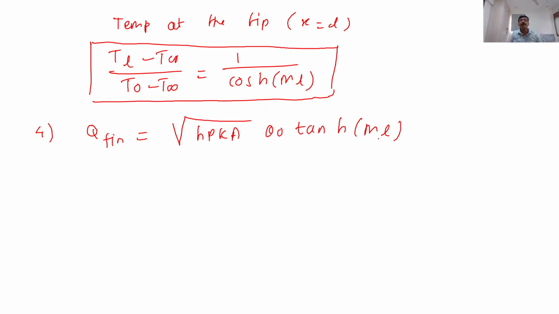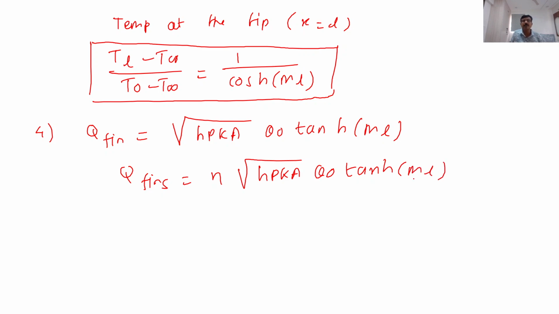Remember, this formula is for an adequately long fin with an insulated tip, or adiabatic tip condition, because it is the most practical case, as we discussed earlier. If a number of fins are given in the problem, then Q fins is equal to N times the square root of hPkA times theta 0 times tanh(mL). So this is the formula.